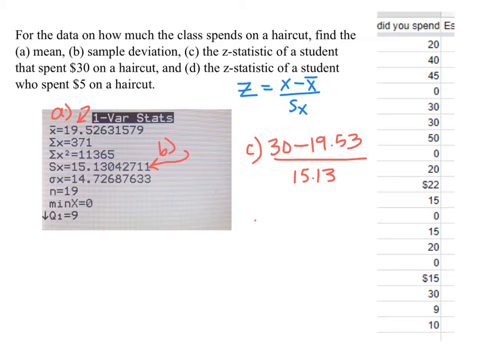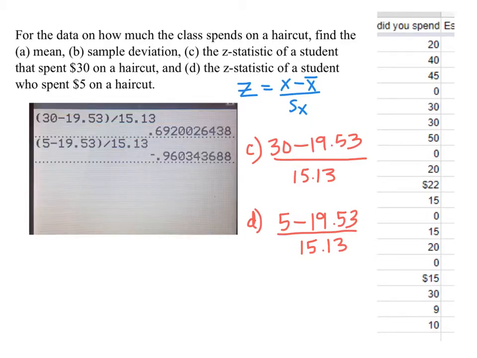Let me also do letter D. It says the z-statistic of a student that spent $5. So, of course, this will be a negative z-statistic because you're spending below the mean. Let me use my calculator to calculate that, and then I'll show you those values. So here are our two z-statistics actually calculated for you.